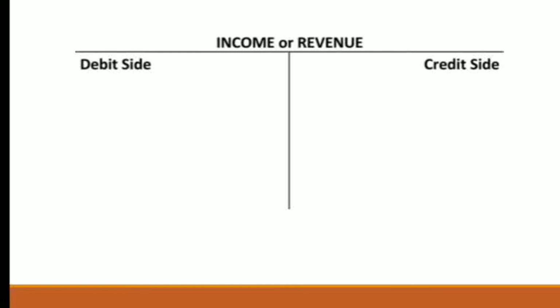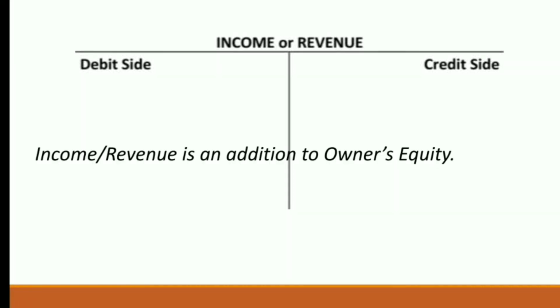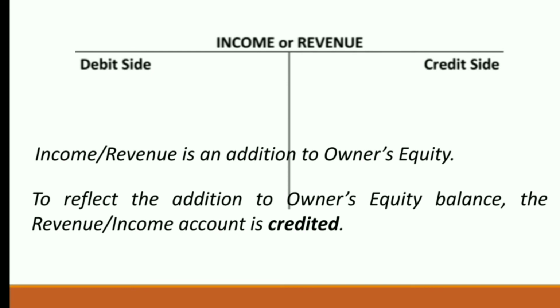Next is the income or the revenue account. The income or the revenue is an addition to owner's equity. And since the increased side or the normal balance of the owner's equity in its T account is located at the credit side, in order to reflect the addition to this owner's equity balance, the revenue or income account is credited.